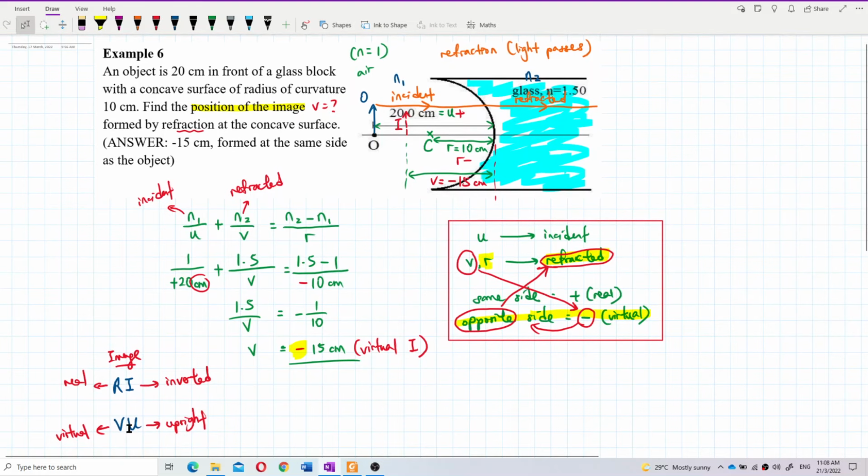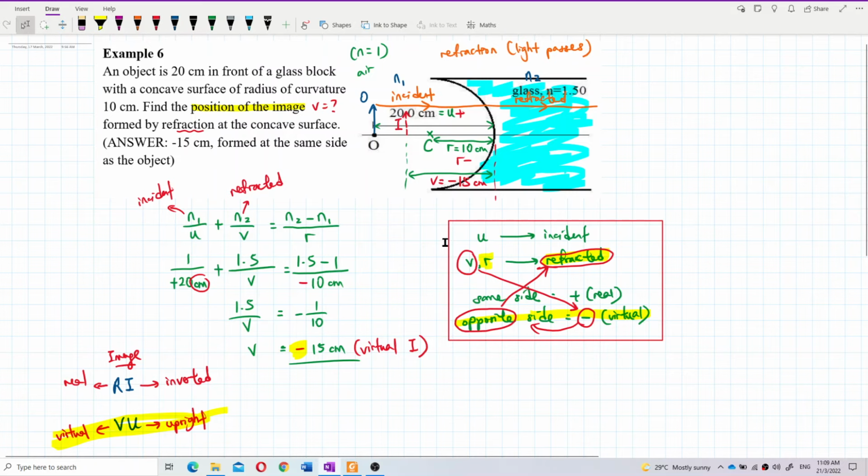Virtual image is VU, virtual upright. Virtual image must always be upright. Only real image is inverted. So this virtual image must be upright, that's why I draw it upright. And it is a dotted line. Dotted line means virtual.